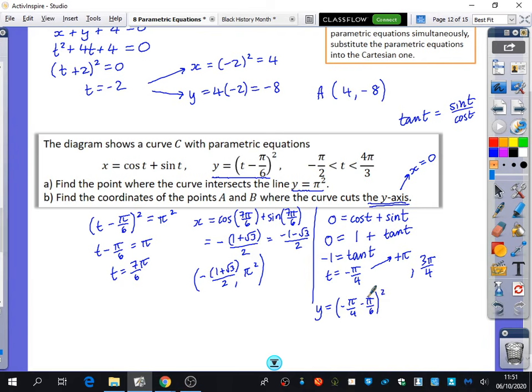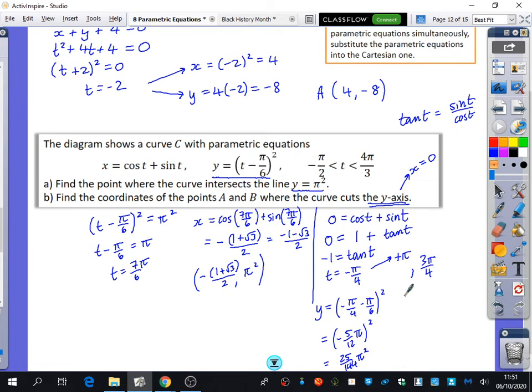Don't put the pi in there when you square it, because your calculator won't be able to tell you pi squared. So minus a quarter minus a sixth is minus 5/12 pi. Don't put that in your calculator, just put the 5/12 squared. And 5/12 squared is 25 over 144 pi squared.